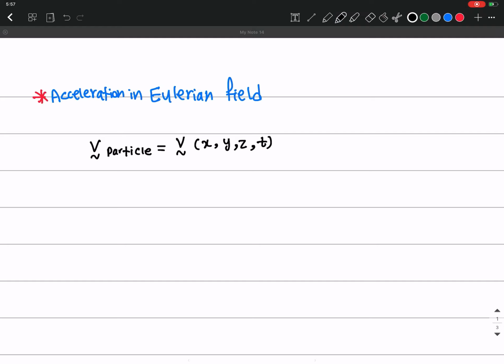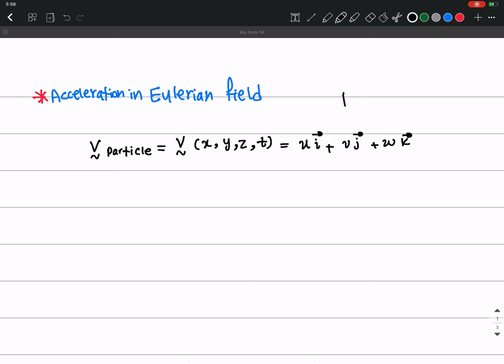So at each position the velocity varies, and also as a function of time. I can write this velocity vector in three components: one in the x direction, which I call u, one in the y direction, which I call v, and one in the z direction, which I call w.